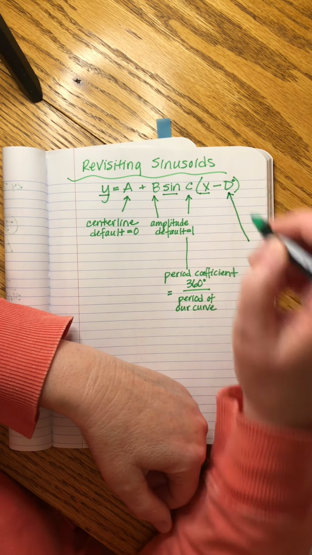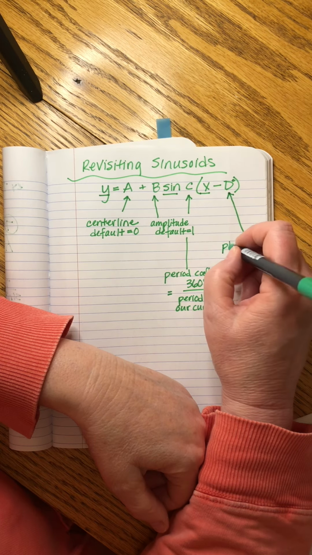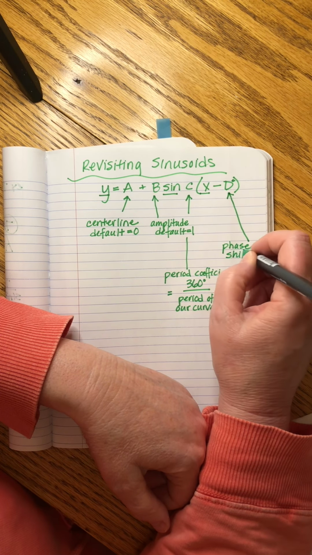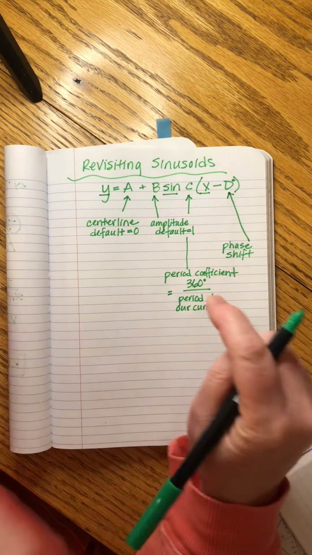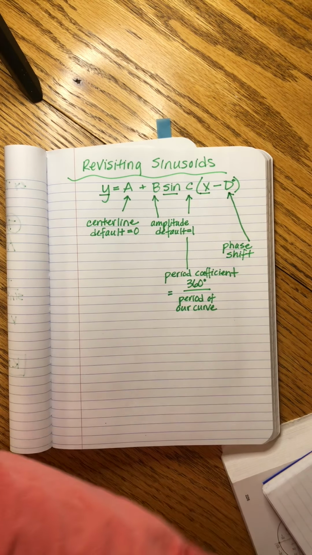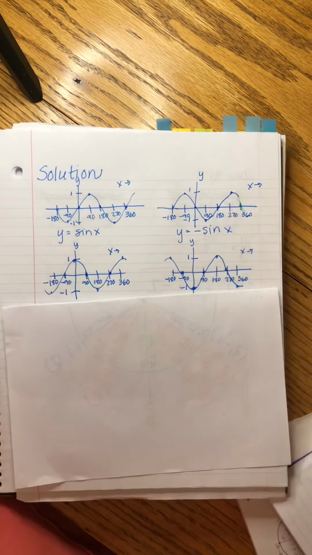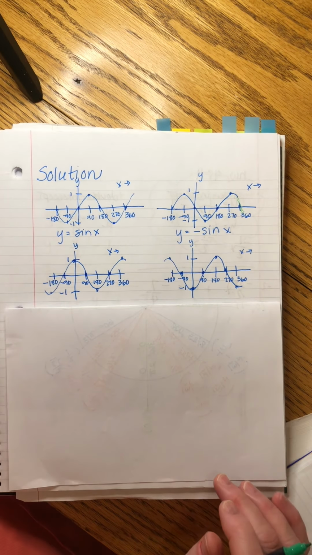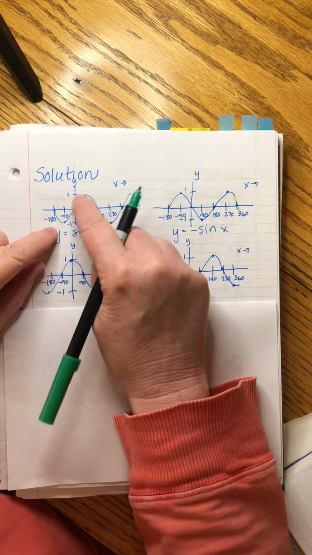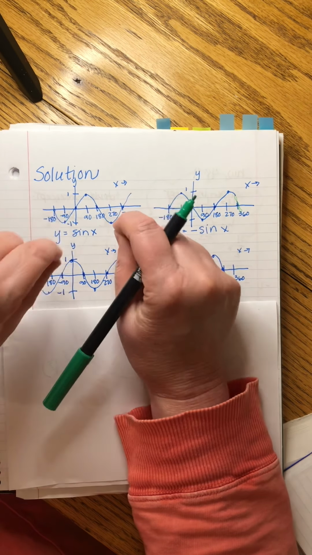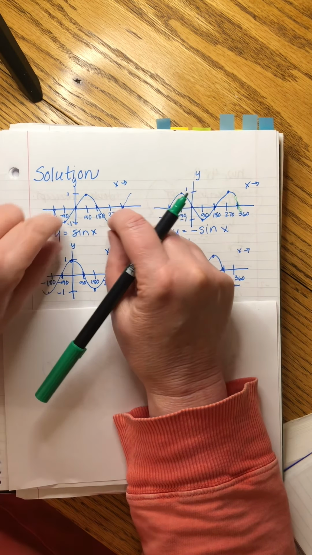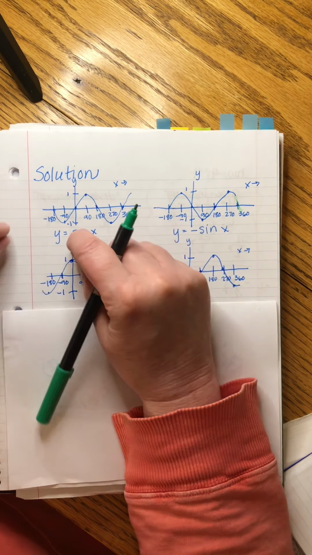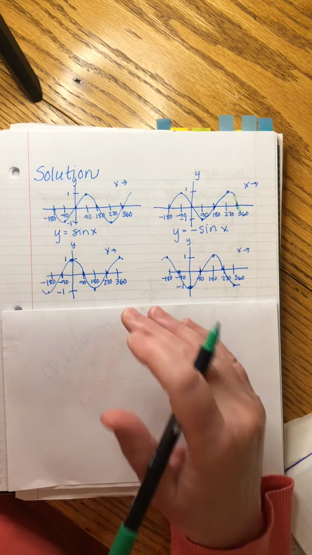This is called the phase shift. And most students think this is the trickiest one to figure out. What the phase shift is all about is, this is my glue hardened yarn one. You know how you take Elmer's glue and squirt it on something and then let it dry? Pretend that we did that to that curve. It's not attached to the page, but it's rigid now. We can pick this curve up and shift it over to the right or over to the left and put it down in a different place.